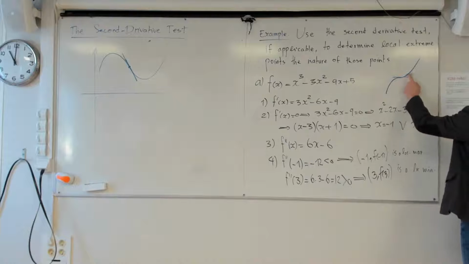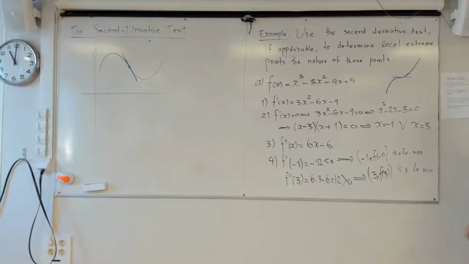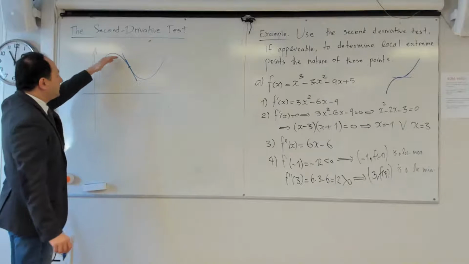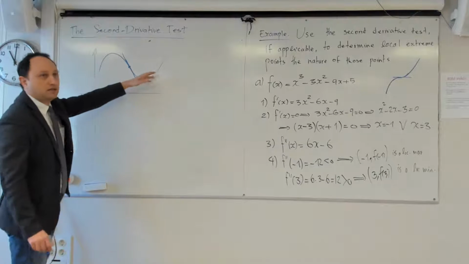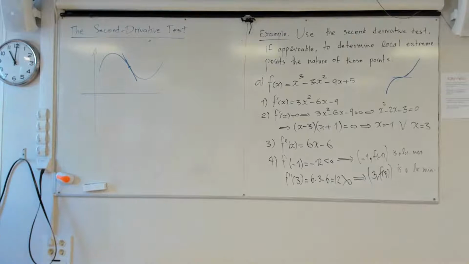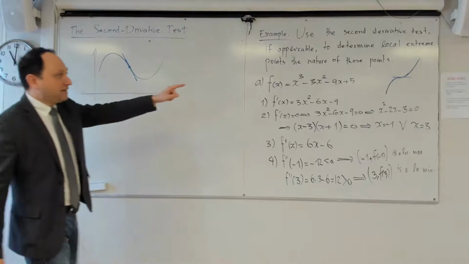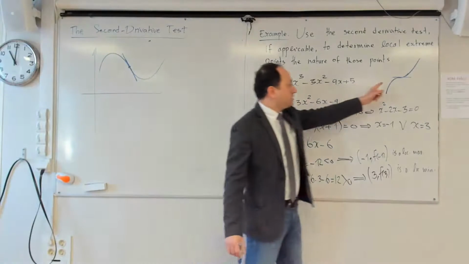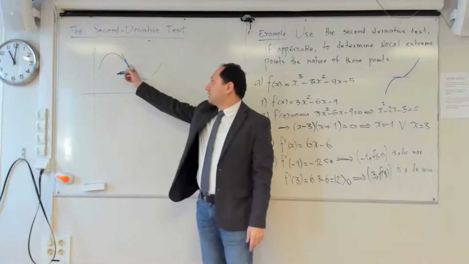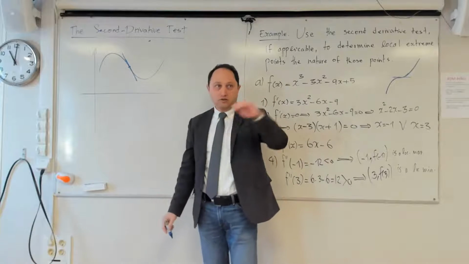On the right-hand side, the graph is above the tangent line. And this is also happening here. Before this point, the graph is below the tangent line. Immediately after that, the graph is above the tangent line. So that is actually an inflection point. A terrace point is a special form of an inflection point at which the tangent line is horizontal.